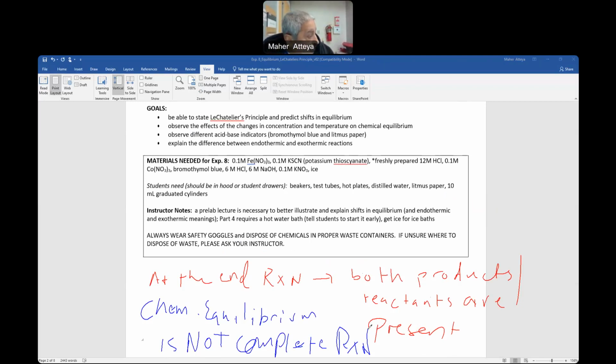But if you have both present, then you speak about chemical equilibrium.